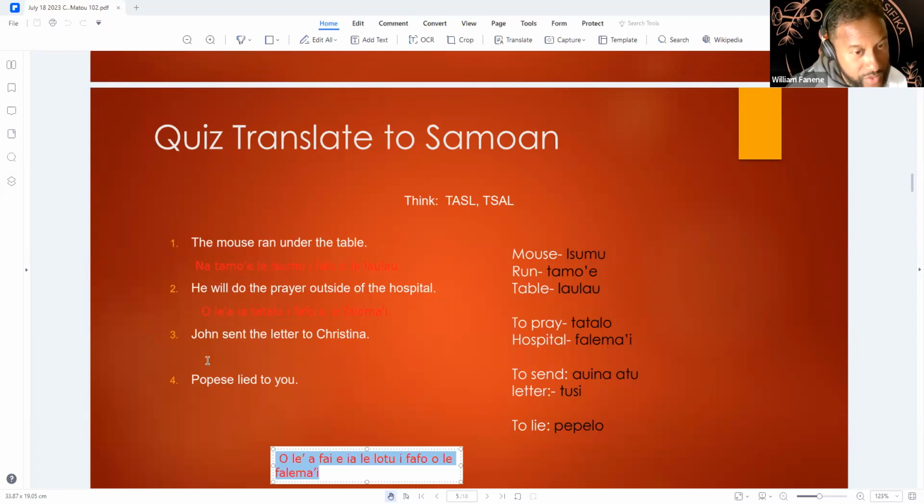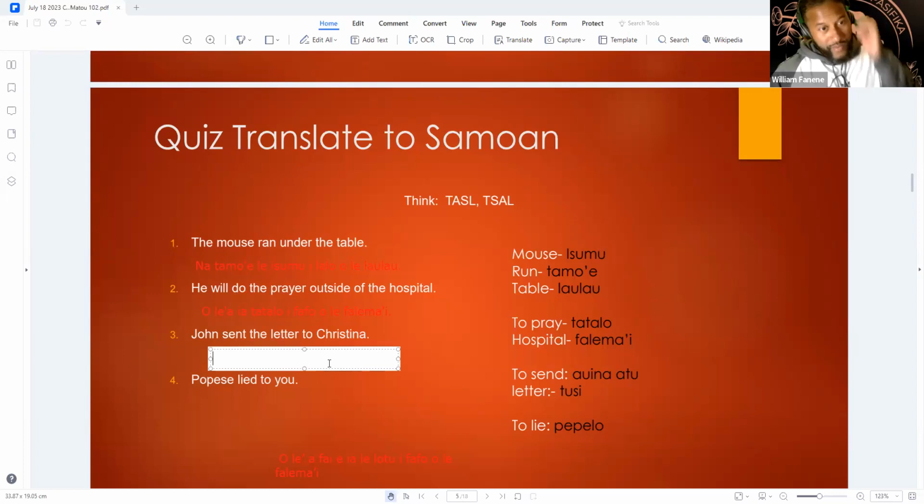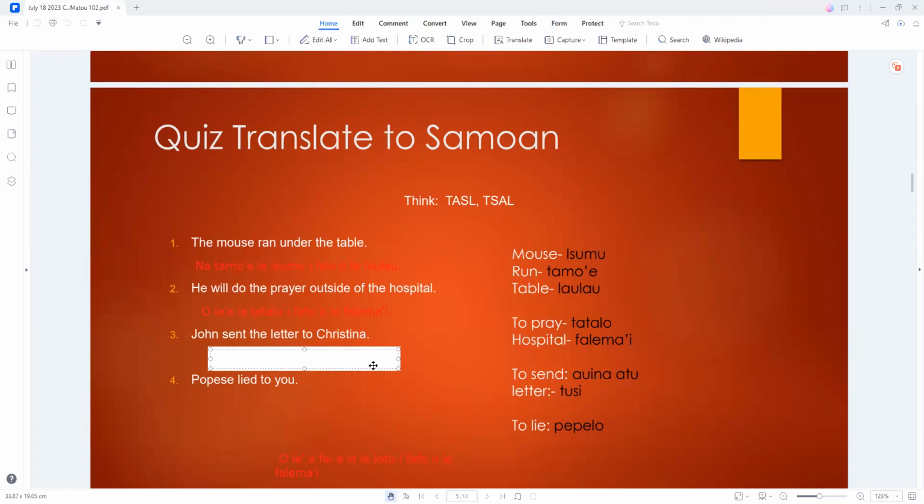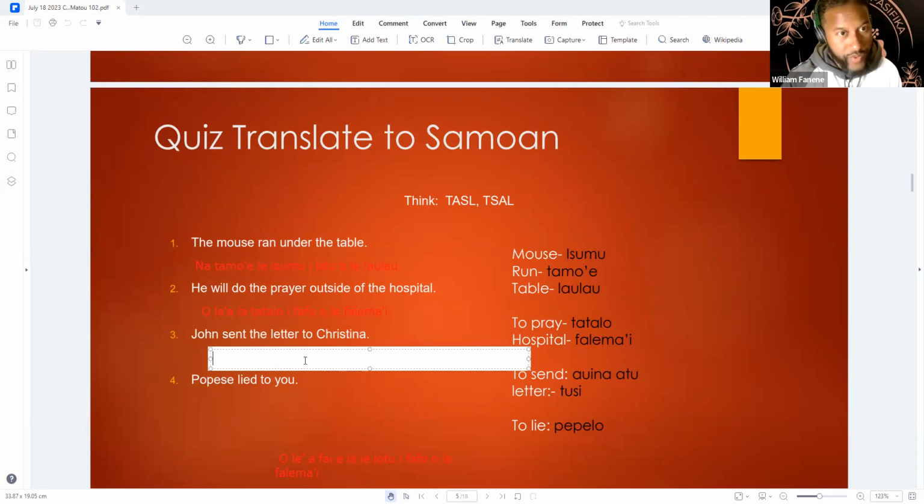How about John sent the letter to Christine? John sent the letter to Christine. What would be our tense? Let's do it like that. Sa. Sa, okay. Yeah, we could use sa.